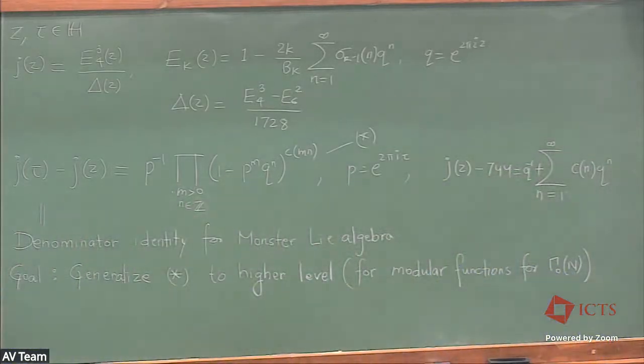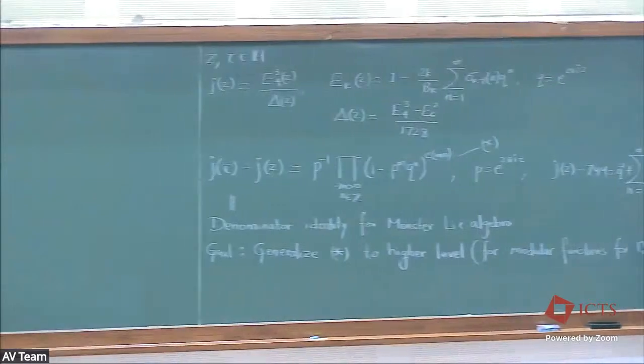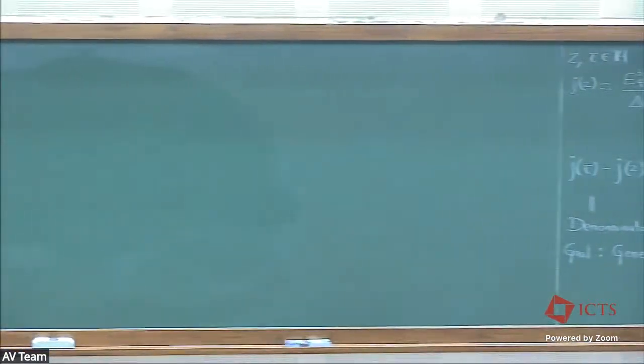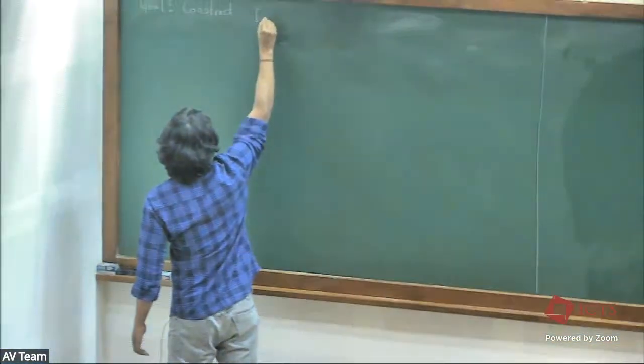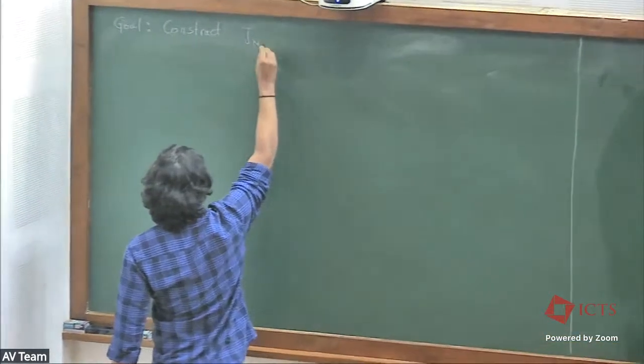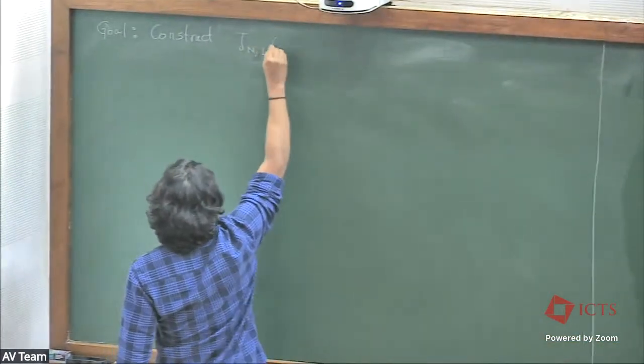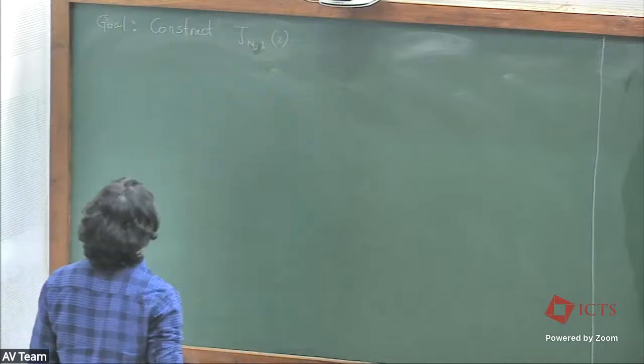So the first task is to construct such functions which are invariant under gamma naught N, and that's where harmonic Maass forms would be useful. I'll explain these two indices here.